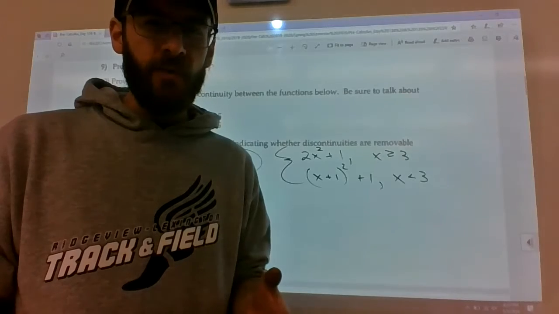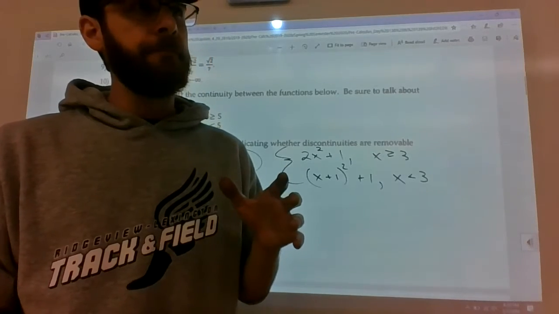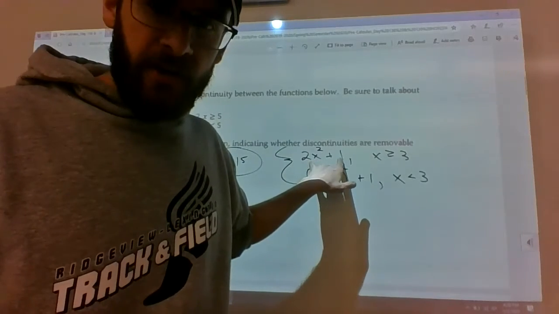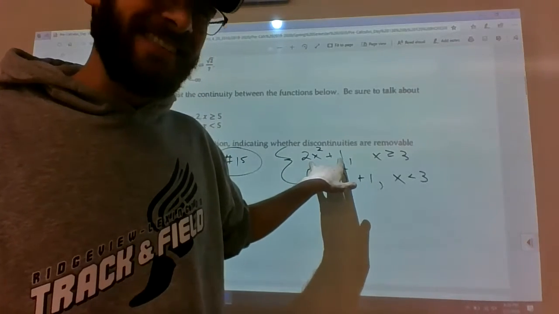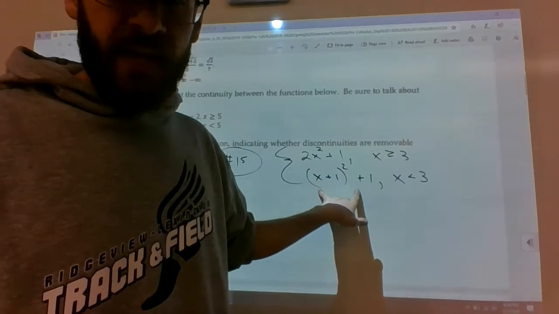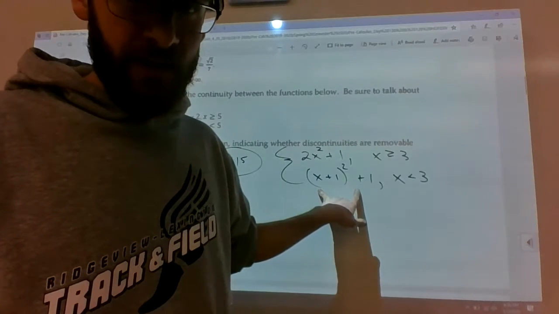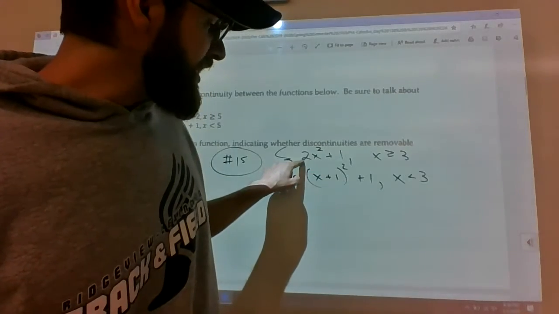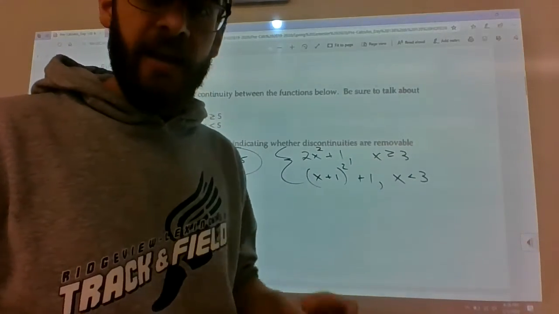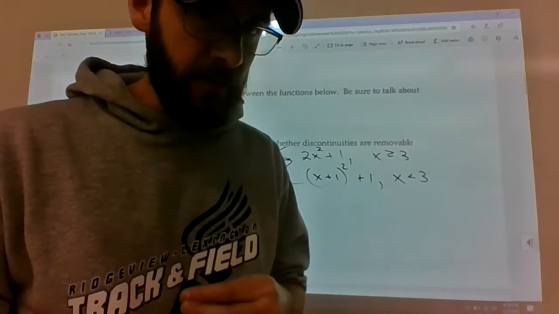So here's a way in which you can analyze it. This parabola up here is a polynomial, which means it's continuous everywhere. This is also a parabola, also could be expanded into a polynomial, continuous everywhere. So it's continuous everywhere to the right of 3 and everywhere to the left of 3. Now what about at 3?